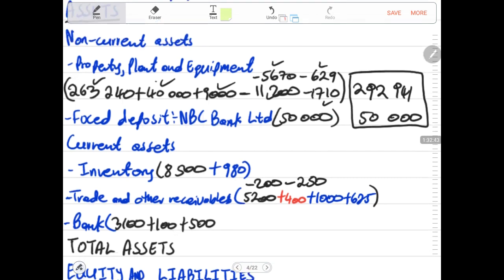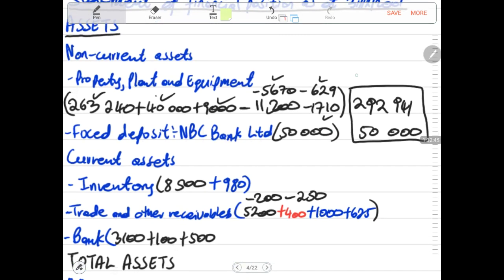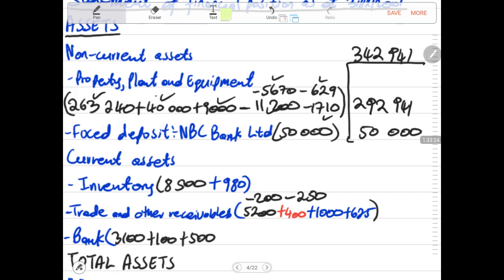Then under our non-current assets, we have 342,941. This is drawn there. The 292 is here under property.